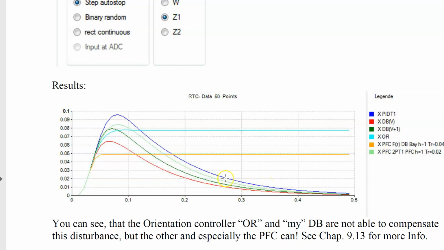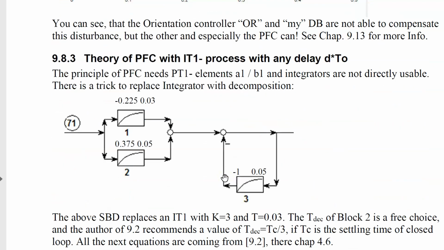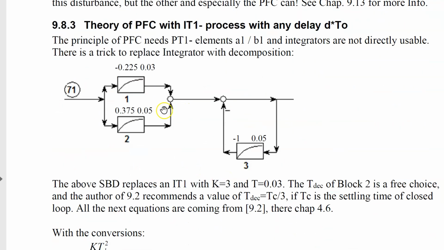Okay, what I want to do today is show you the theory of the PFC, the Richelieu controller type, if the process is not a PT1, not two PT1s, but an IT1. The principle is developed for a PT1.